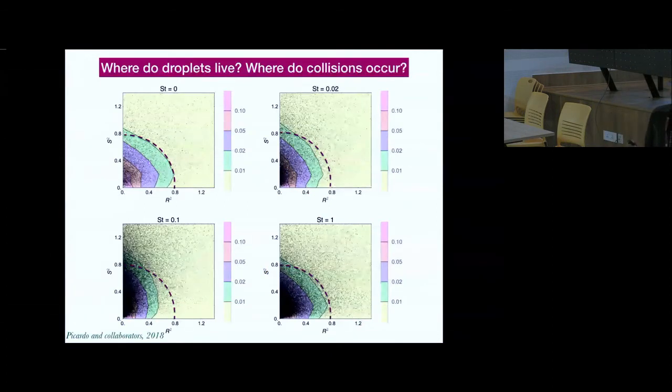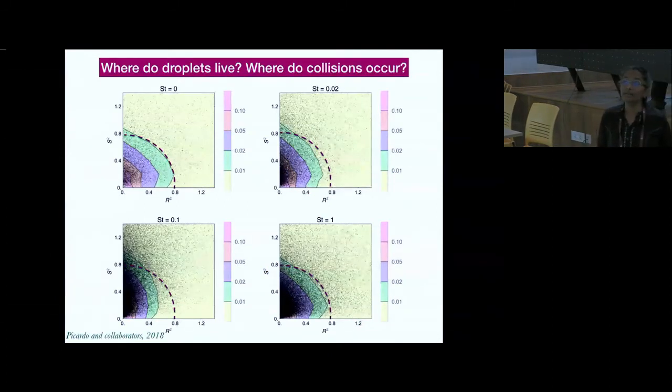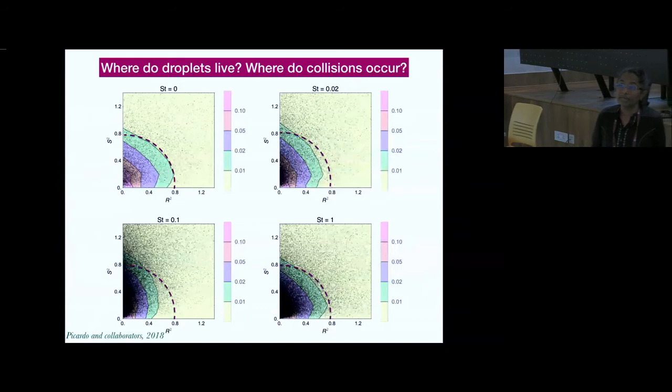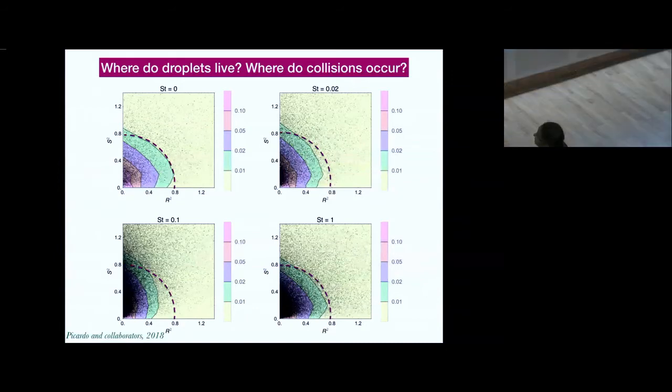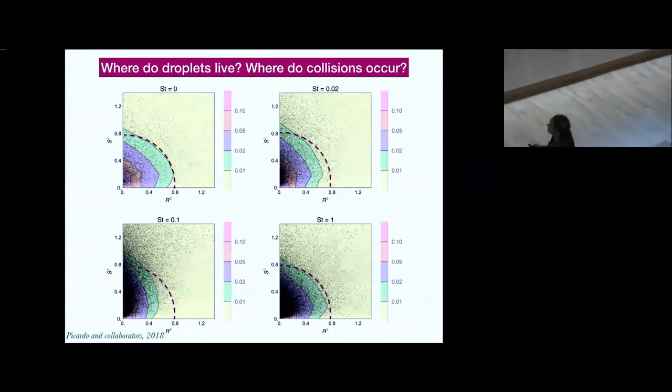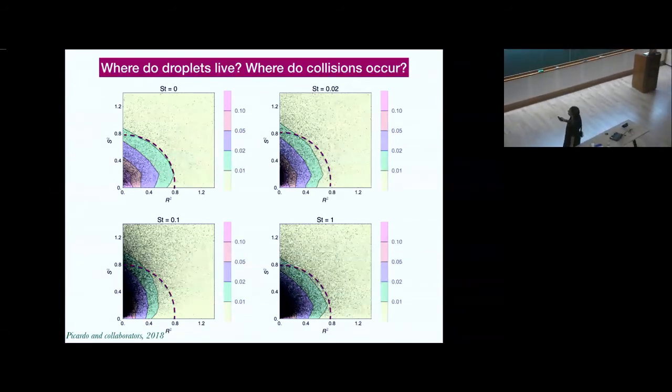In this simulation, I'll spend a minute or two on this page to explain what's going on. We've done simulations at a Stokes number of 0, that means tracer particles, then 0.02, 0.1 and 1. Cloud particles live somewhere here, but because we are working with weaker vortices, cloud droplets could even be at a slightly bigger Stokes number than this typically.